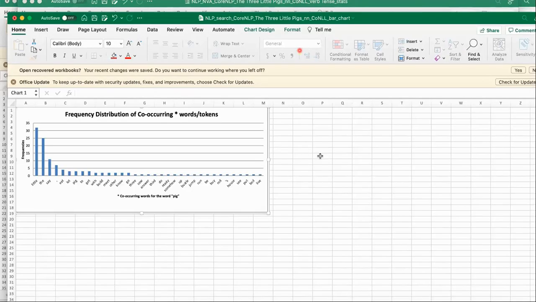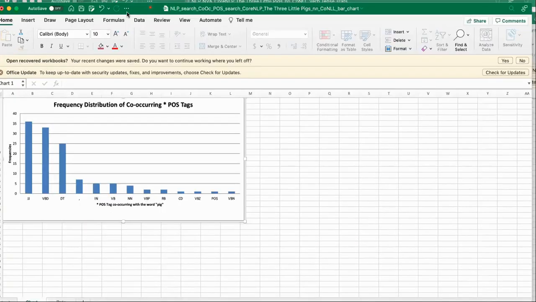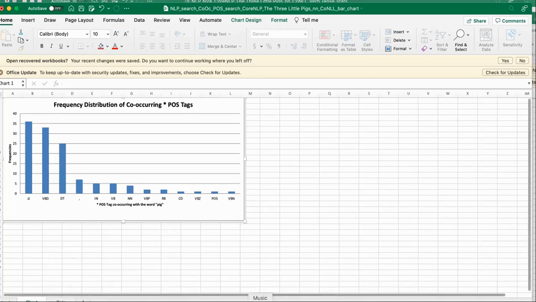We can see which words co-occur with the word pig and how frequently they co-occur. We can also see which POS tags co-occur with the word pig, and we get a similar bar chart for the dependency roles that co-occur with the word pig.